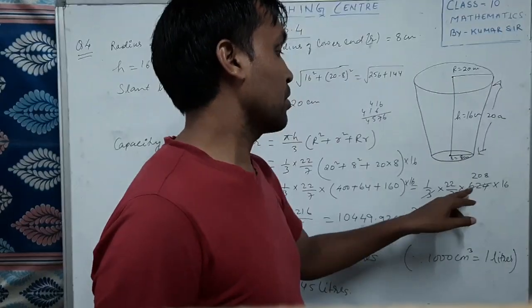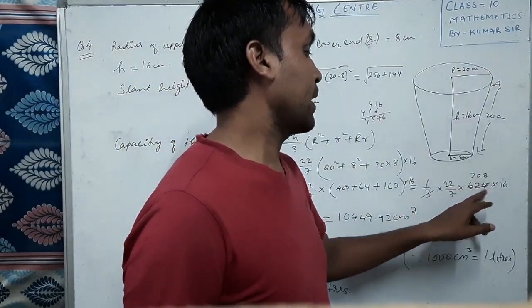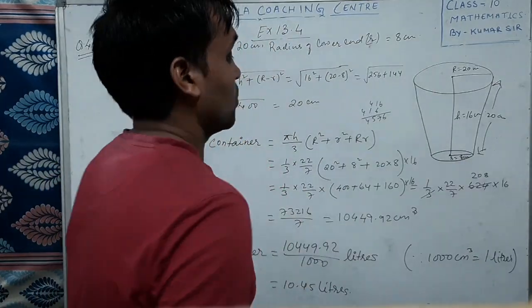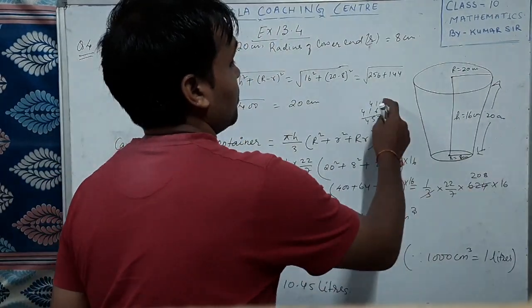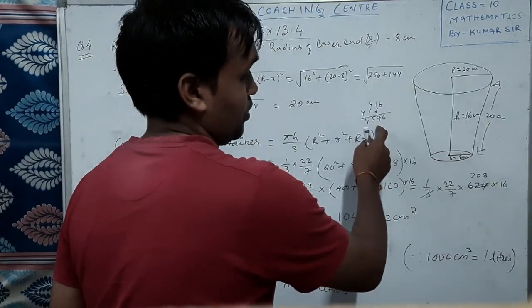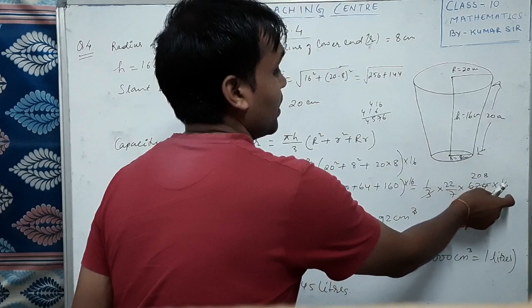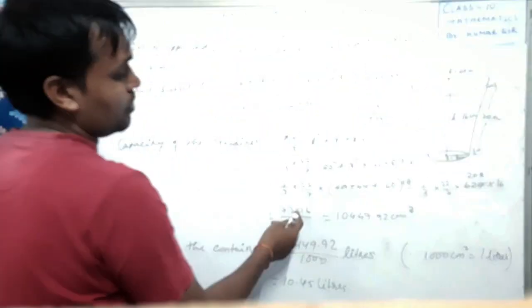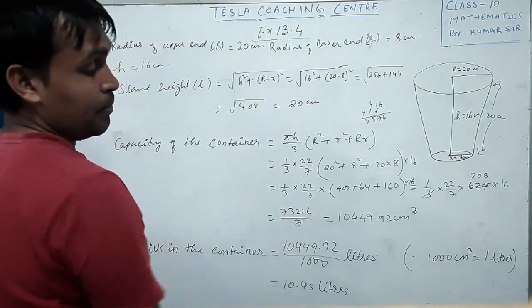So this is divisible by 3, 208 times it will go. When you multiply this 208 by 22 and then by 16, you will get 73216, divided by 7.